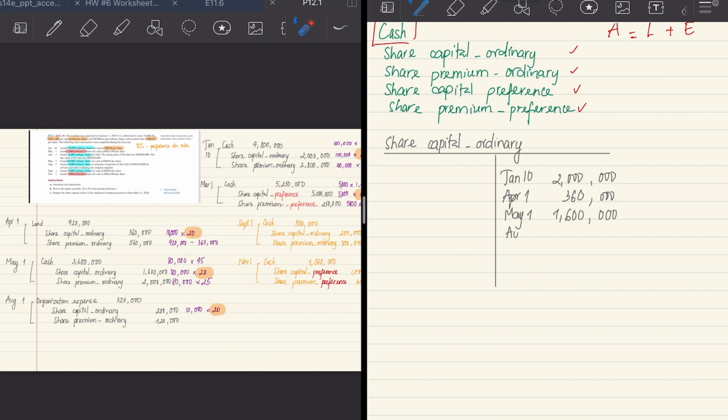Then August 1st, 200,000. And the last one is September 1st, also 200,000. So what's the total amount here?